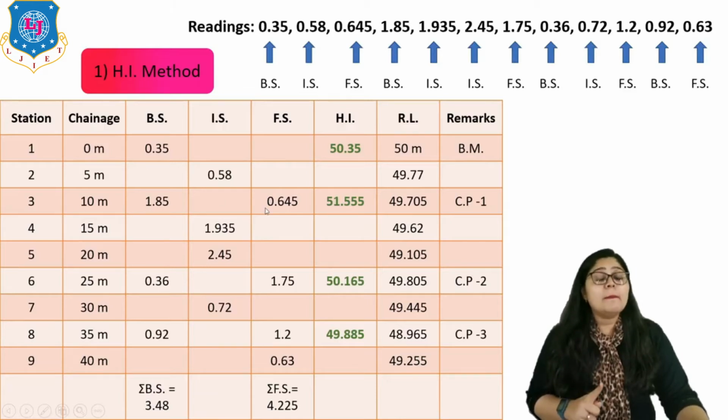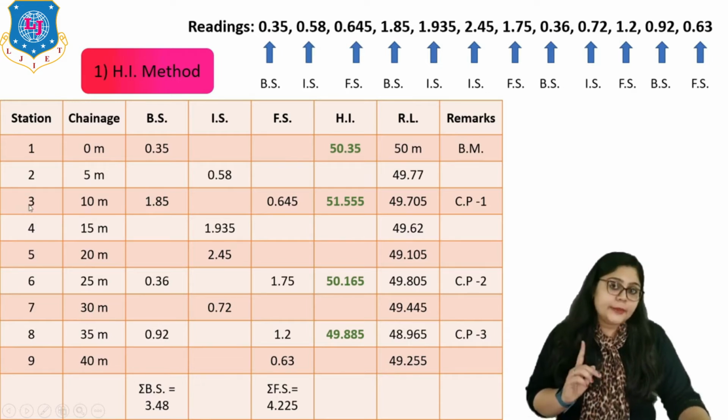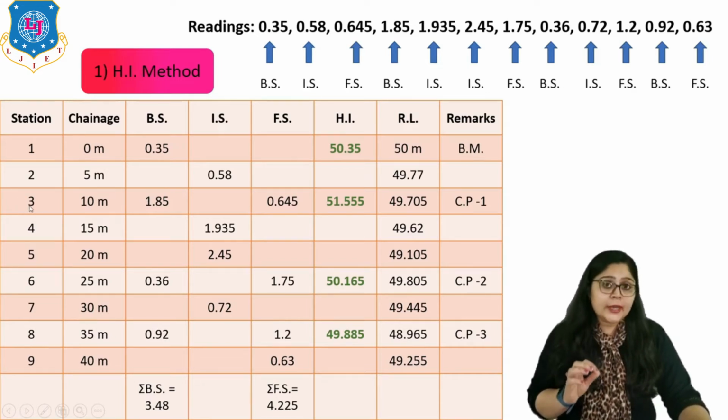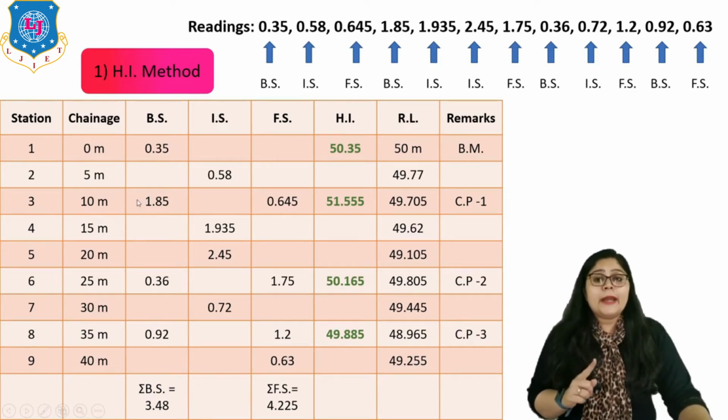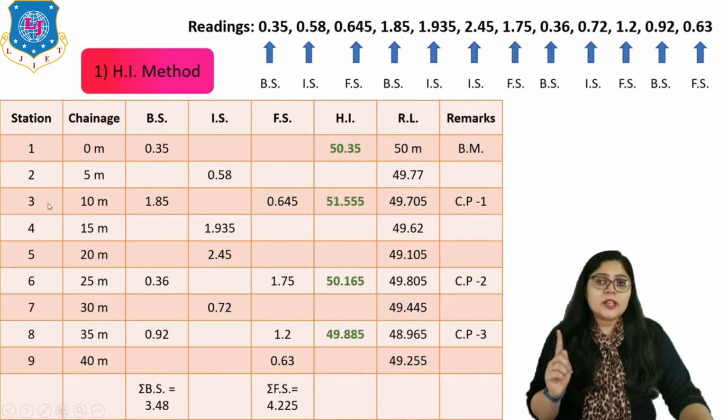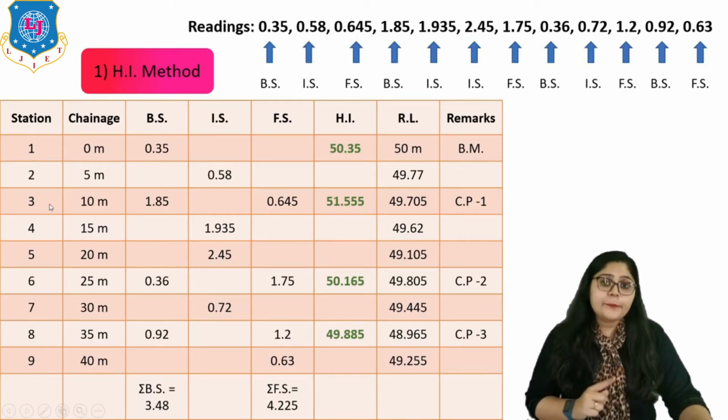That is why I am putting the values in the BS column but in station number 3 only. That is very important, right? So please keep in mind that whenever I write change point, FS and BS values fall into station 3. It means on the same station, right?